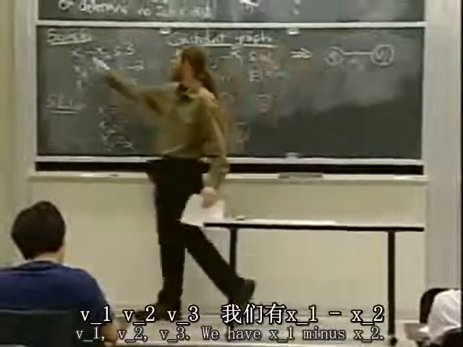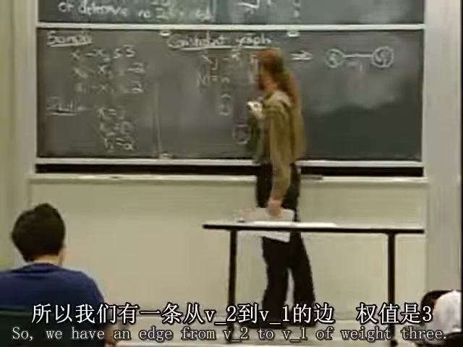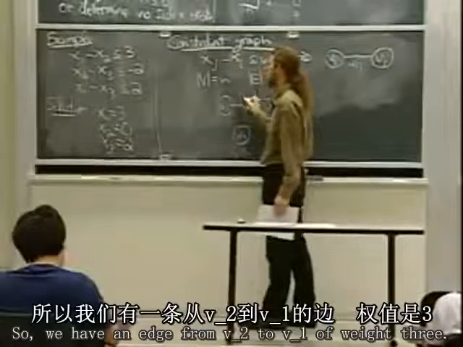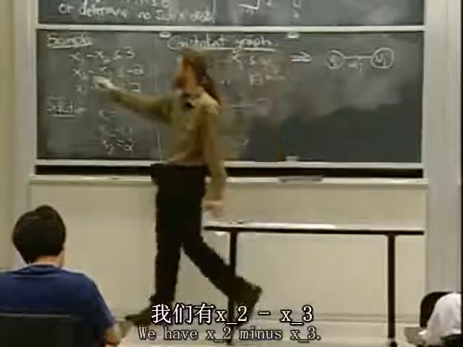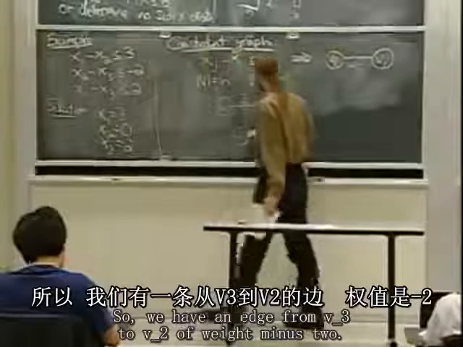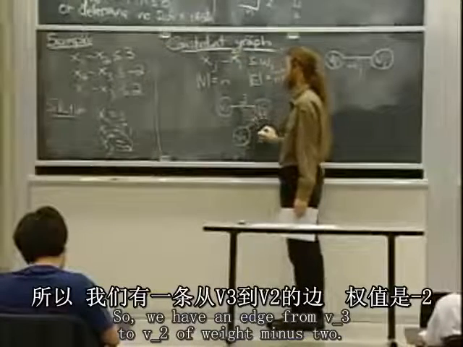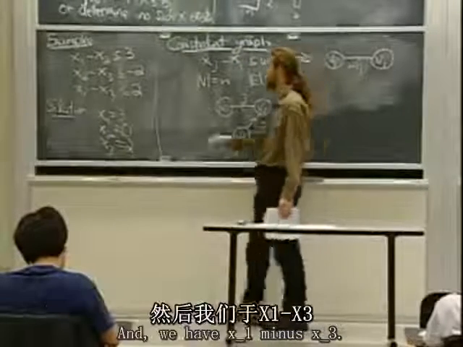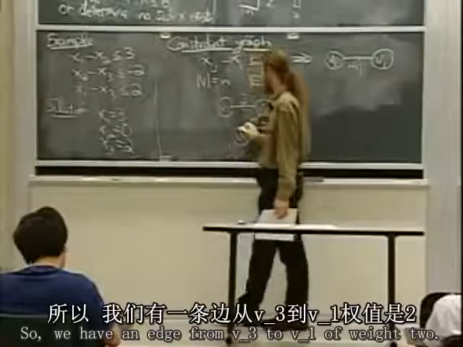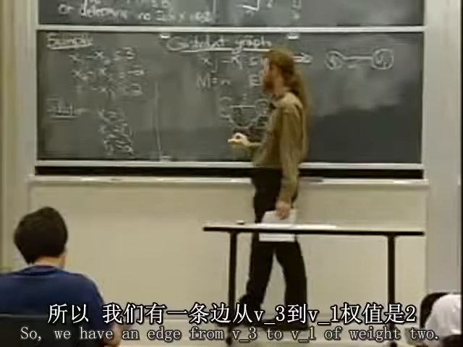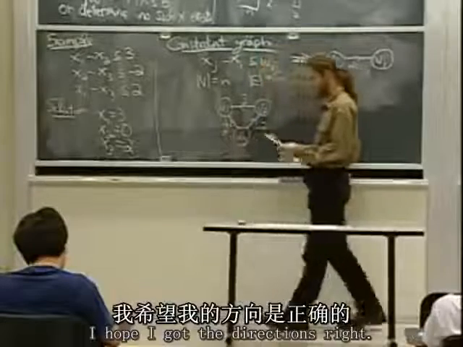We have x1 minus x2, so we have an edge from v2 to v1 of weight 3. We have x2 minus x3, so we have an edge from v3 to v2 of weight minus 2. And we have x1 minus x3, so we have an edge from v3 to v1 of weight 2. Make sure I got the directions right.